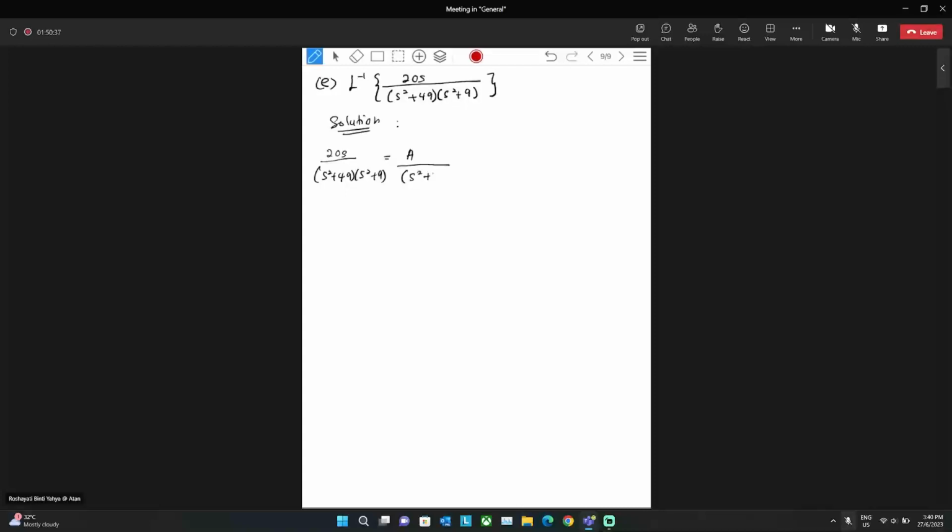Over s squared plus 49 and then plus over s squared plus 9. What is our value here? As plus B. Why AS plus B, not A only? Because the power of S at the denominator is power of 2. Okay, very good. So AS plus B.